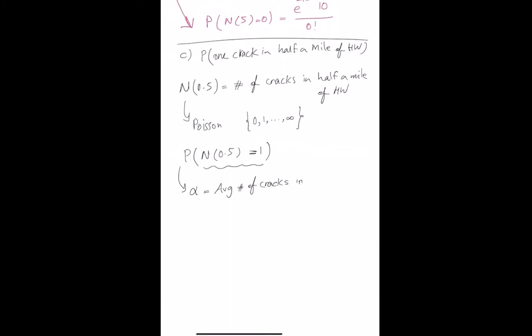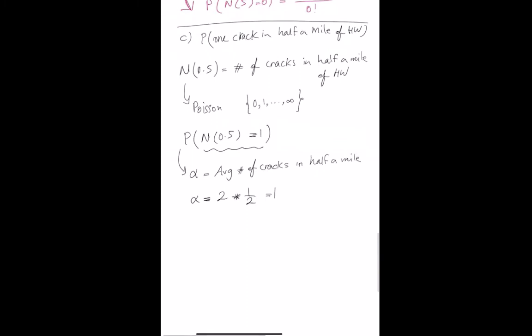Average number of cracks in half a mile. And how should I find that? The question tells me the average number of cracks in 1 mile is 2. So the average number of cracks in half a mile then is 1.